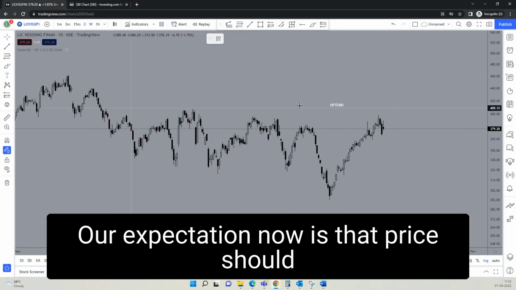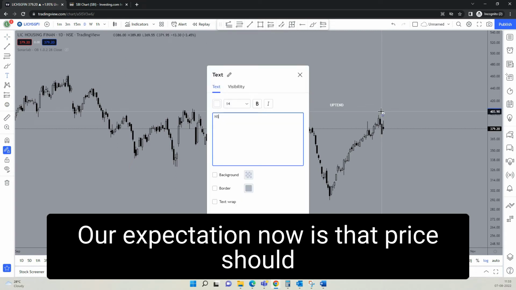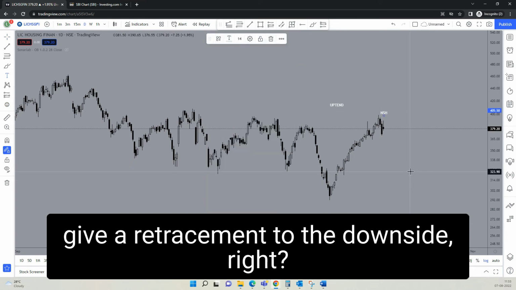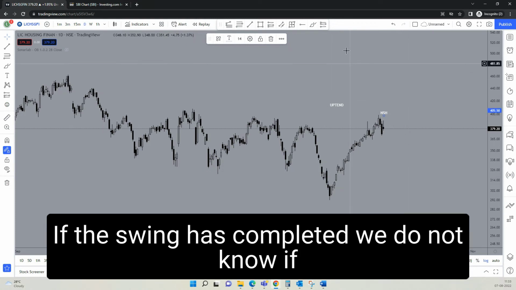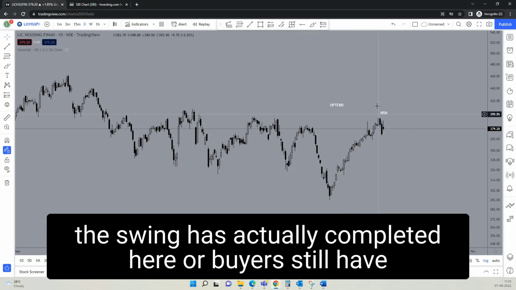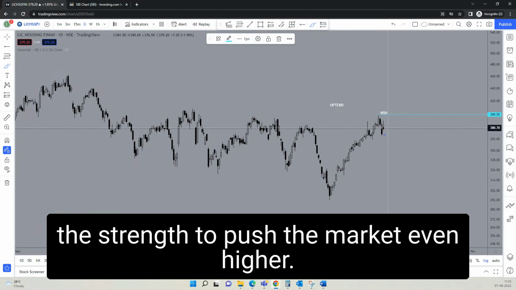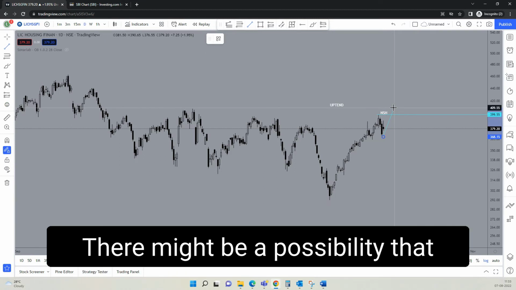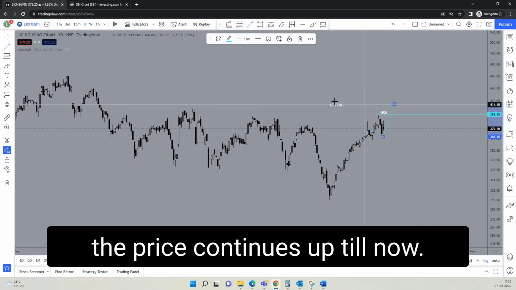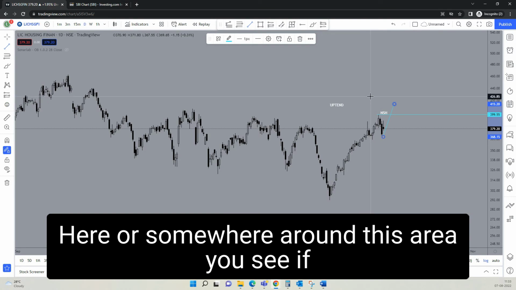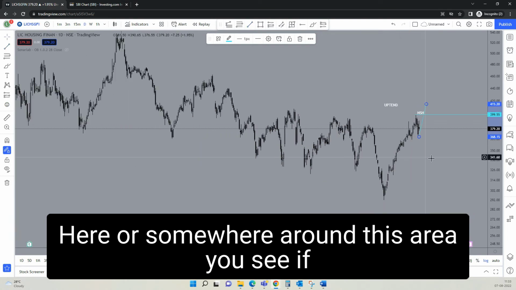Our expectation now is that price should give a retracement to the downside, right? If the swing has completed. We do not know if the swing has actually completed here, or if buyers still have the strength to push the market even higher. There might be a possibility that the price continues up to somewhere around this area.